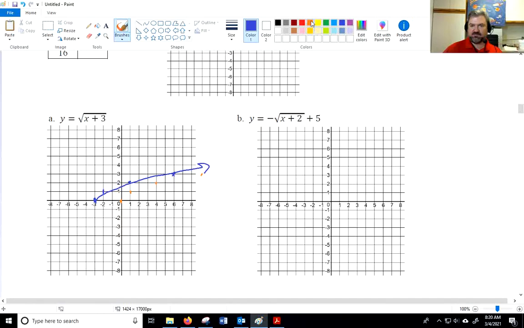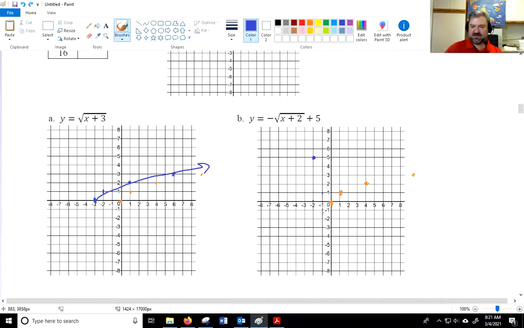Again, start with the parent function. Square root of 0 is 0, square root of 1 is 1, square root of 4 is 2, square root of 9 is 3. And then we just perform our basic transformations. We're going to move 2 to the left first. We always work from the inside out. Now multiply this y coordinate by a negative, which negative 0 is just 0. Then add 5. All right, move this point 2 to the left to go to here.